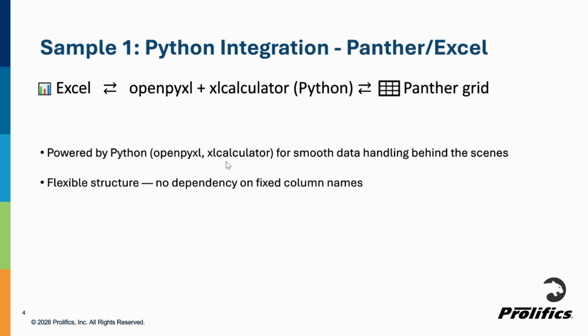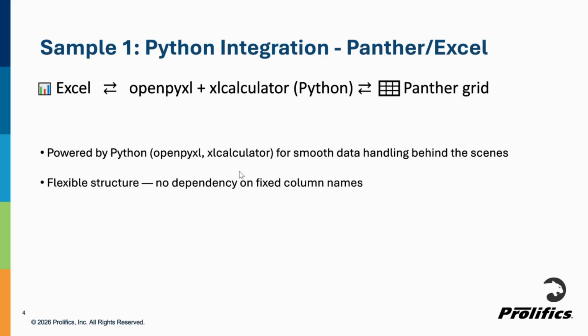For example, one main reason why we use Excel is for its formulas, to get those formulas right away in place and then make our decisions out of it. And it has a flexible structure, in that we don't have any dependency on column names. So right away, if I open Excel, I can open any Excel file. I just have to type in the name of the sheet and the worksheet that I want to open.